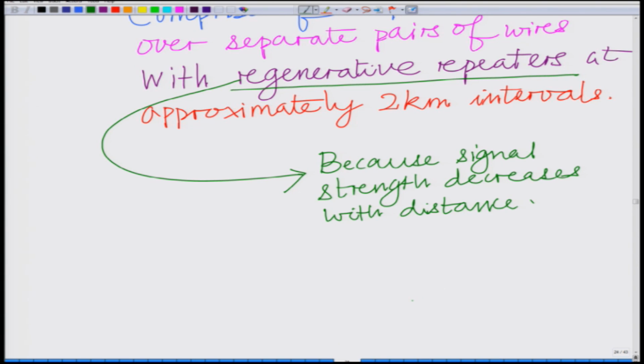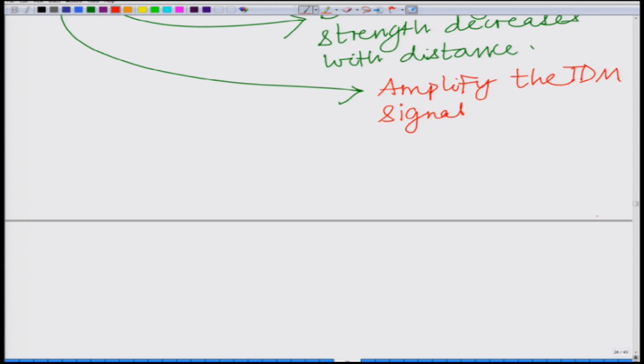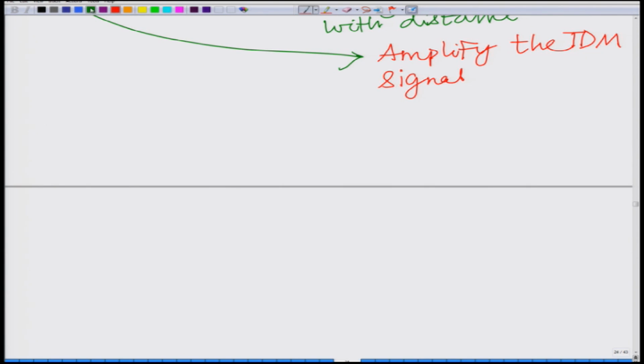So, what these regenerative repeaters do is they amplify the signal, regenerate it, that is prevent the signal from dying down. They amplify the TDM signal. And this T1 is used for voice communication.